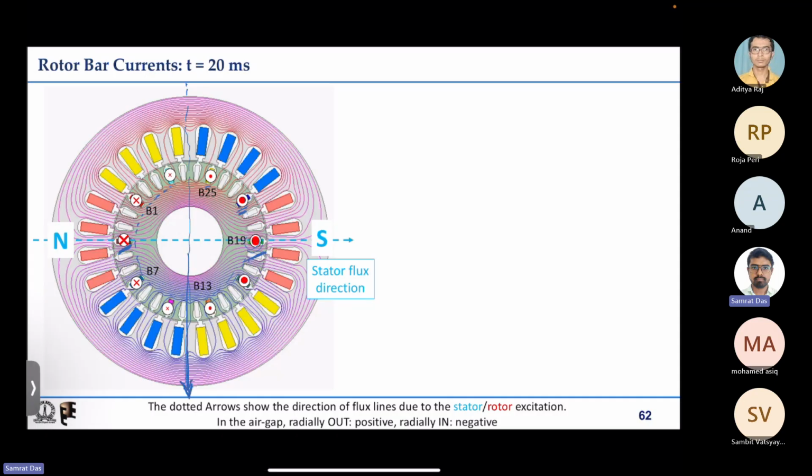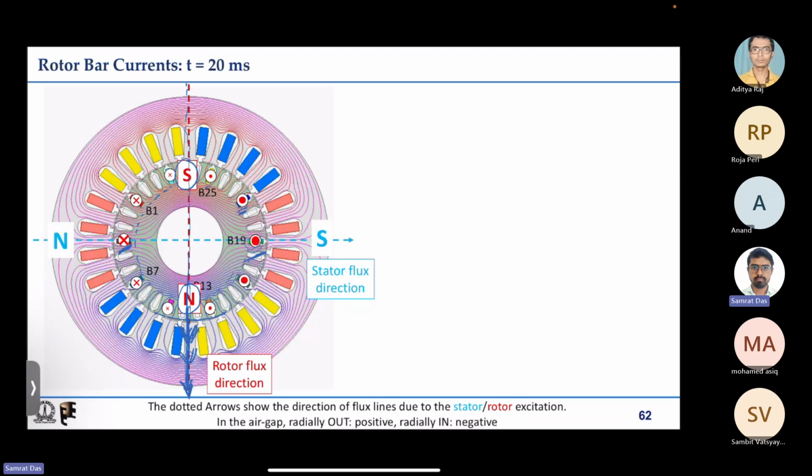That is why we concluded that the rotor flux, if we plot that, will be in the downward direction. Because of that, from the rotor surface it is coming out at theta equal to 270 degrees, wherever I am pointing. That is why this side is north pole and this side is south pole.